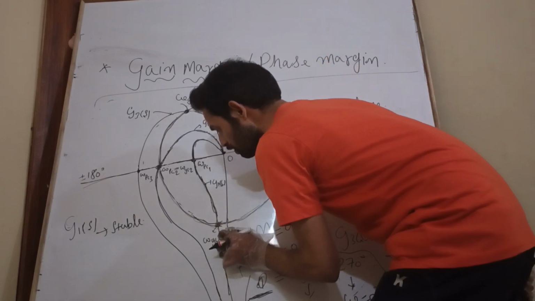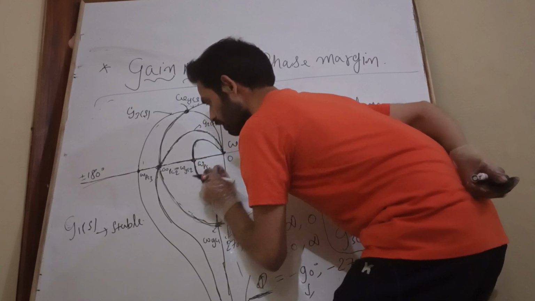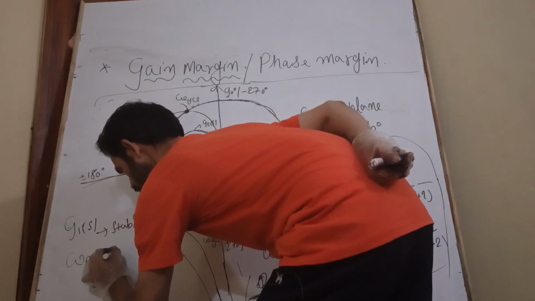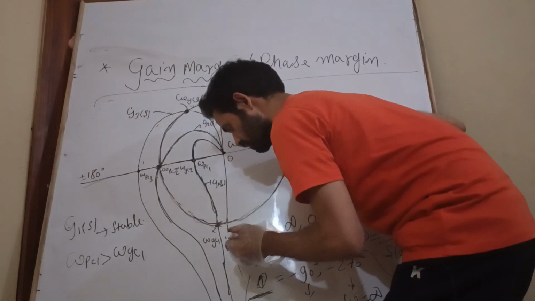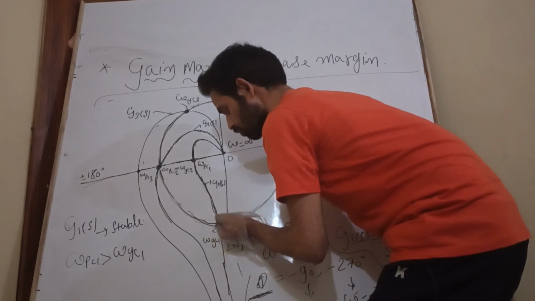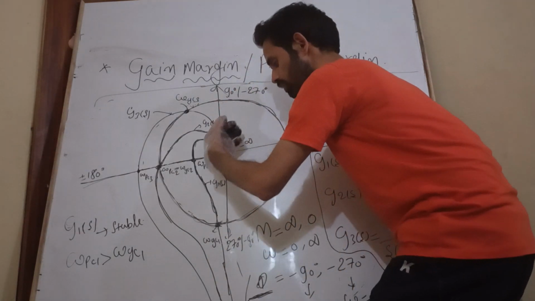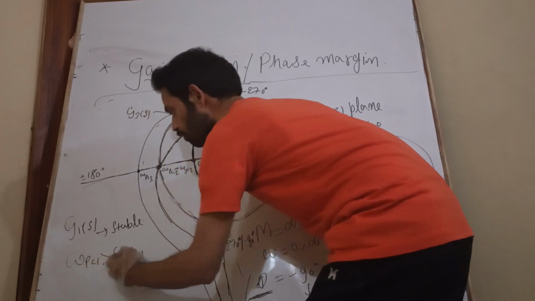First the frequency omega gc1 comes, then omega pc1. This means omega pc1 is greater than omega gc1, because the frequency varies from 0 to infinity: first the smaller one, omega gc1, comes, then the bigger one, omega pc1.